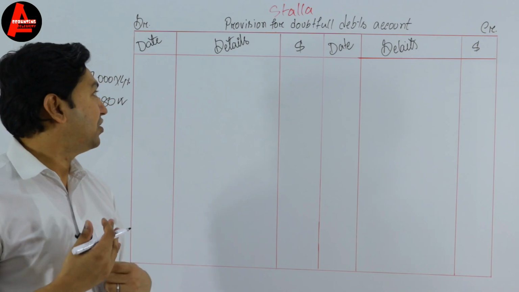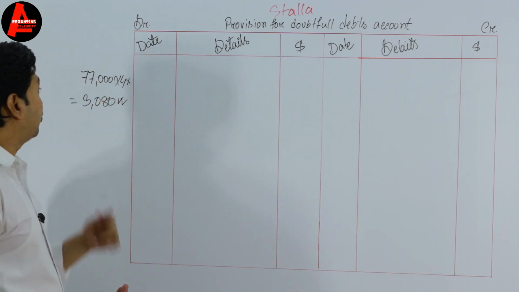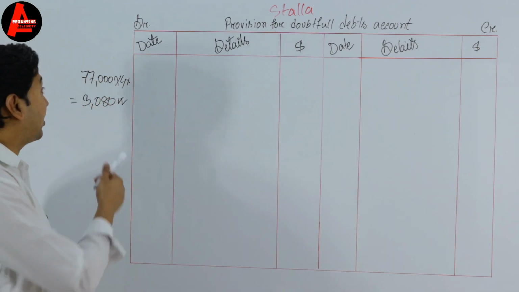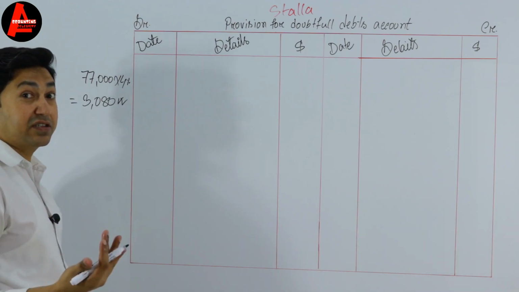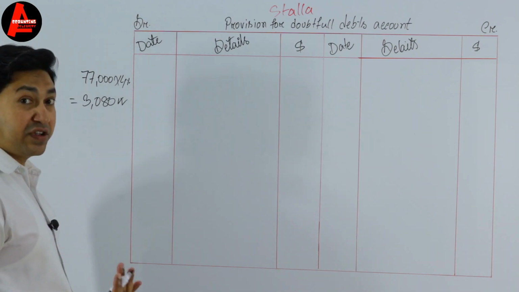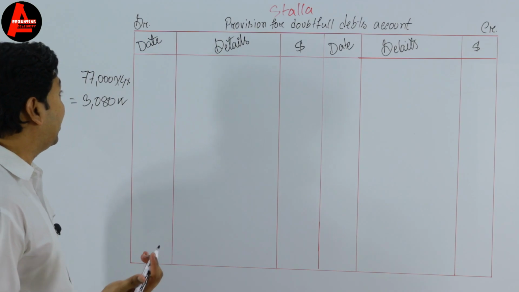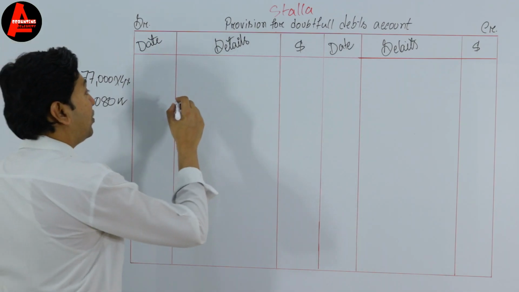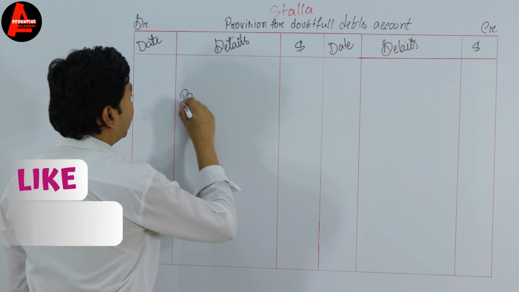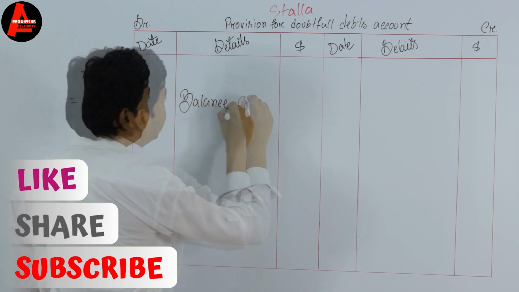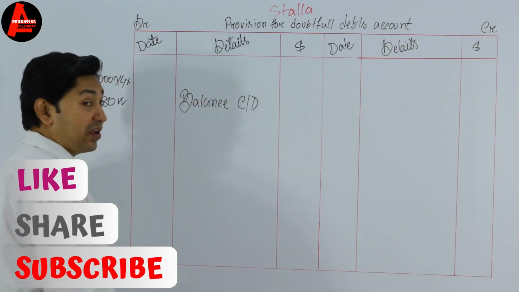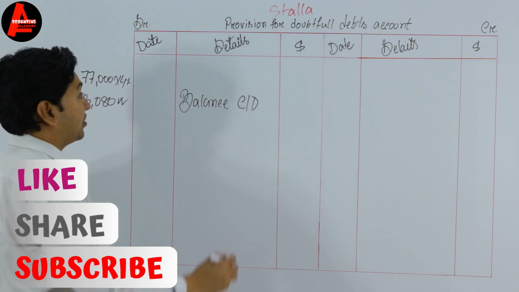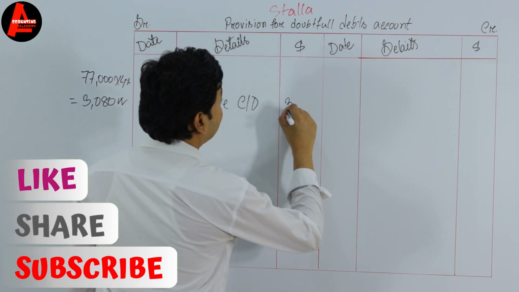Here we have 3,080 we calculated on the closing balance, the balance of trade receivable on 31st December 2022. So we will write here on the debit side balance CD. CD stands for carried down. Don't be confused.